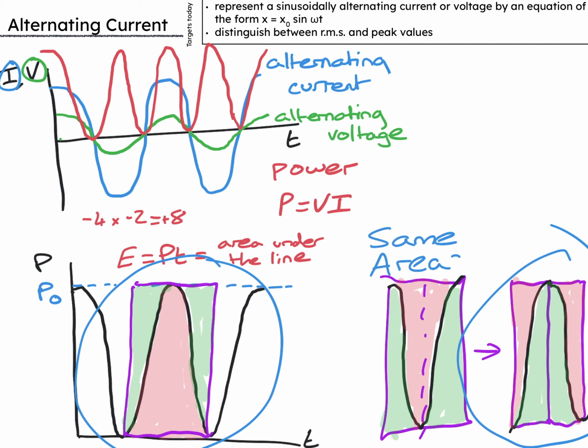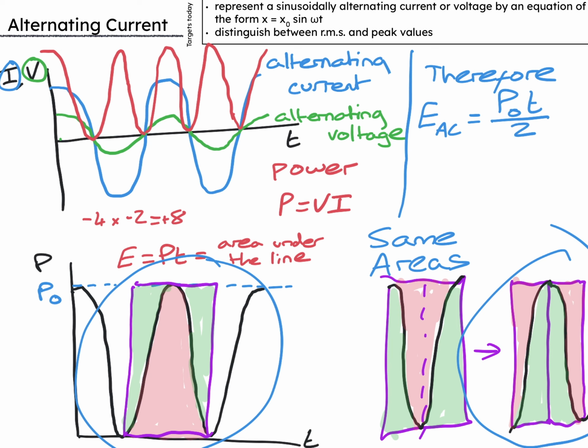So the energy transferred by the AC supply, EAC, equals P0 times T over 2, half of the area of that rectangle.